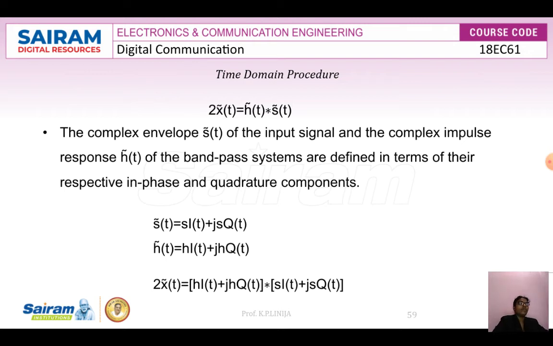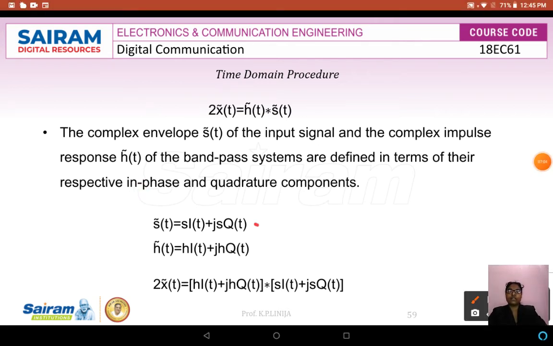So now we can substitute these equations in the above equation. We know what h bar of t is and we know what s bar of t is. Now we are going to apply these two equations in this equation. Therefore, we will get 2 into x bar of t is equal to hi of t plus j hq of t, convolved with si of t plus j into sq of t.